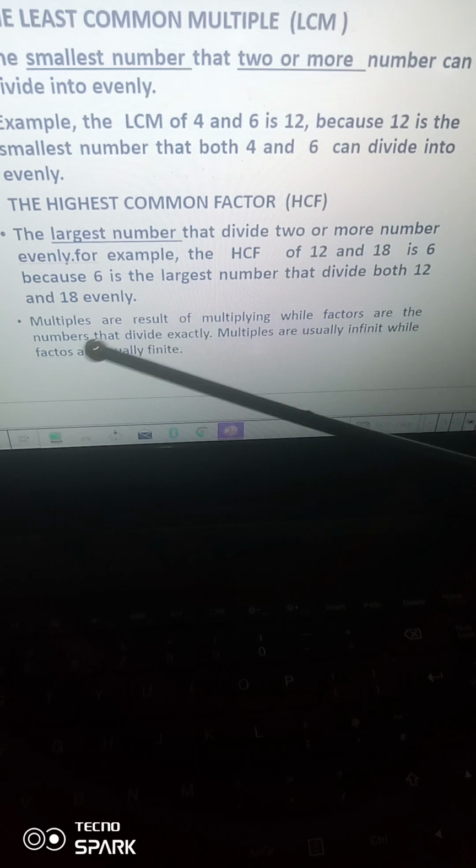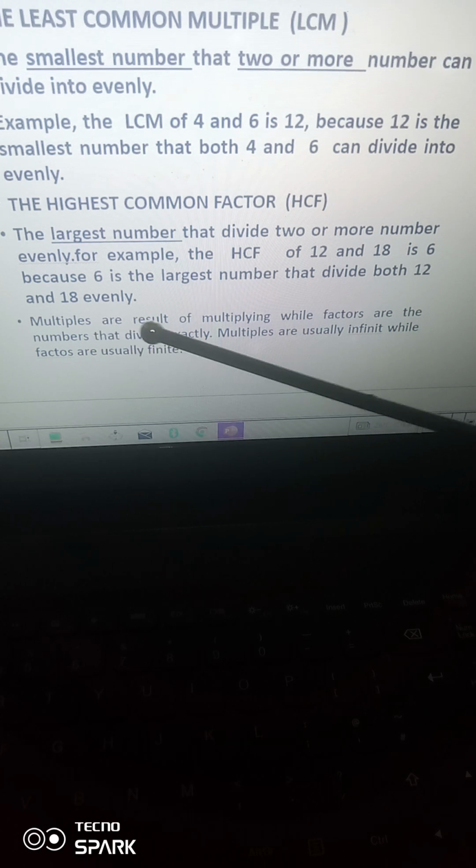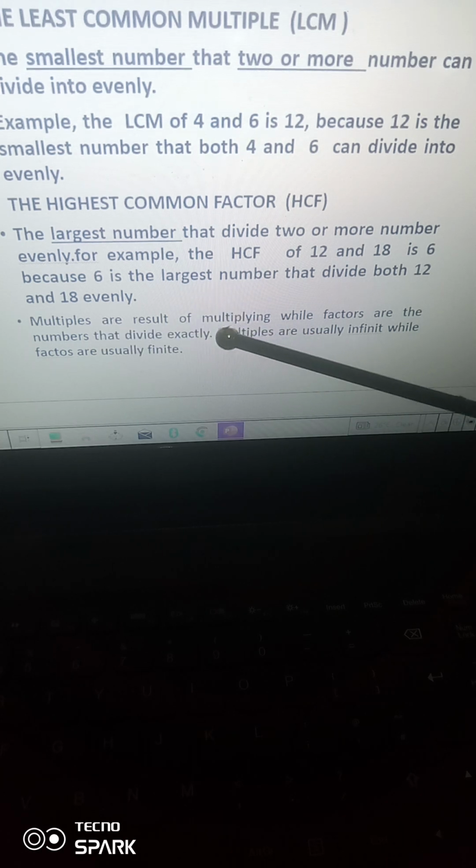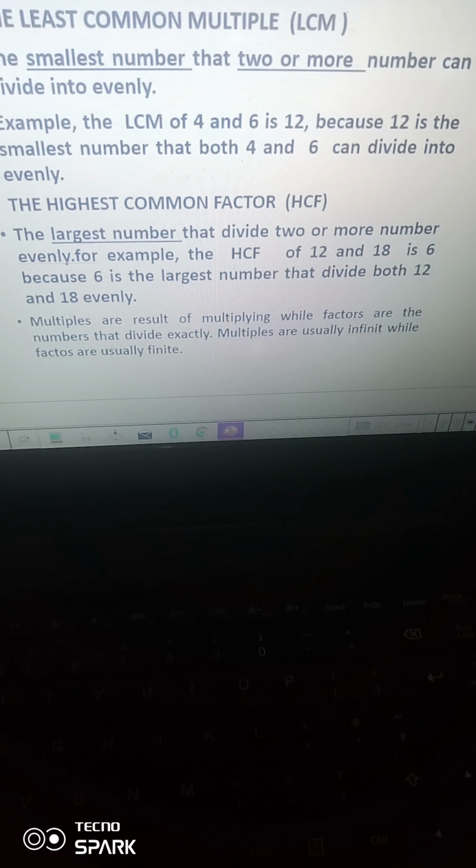Now, multiples are the result of multiplying, while factors are numbers that divide exactly. Multiples are usually infinite, while factors are usually finite. That means in writing the multiples of a number, say 3, you will continue to write infinitely. It will not end.